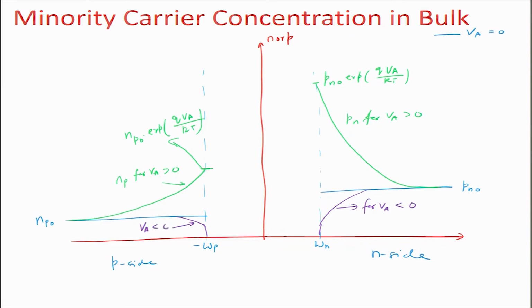You can see that there is hardly any carrier concentration in the vicinity of the junction in reverse bias, which means no carriers cross on both sides. Carriers are taken away from the junction, so carrier concentration is very small. So no junction current flows when reverse bias is there, and large junction current flows when you have a forward bias.